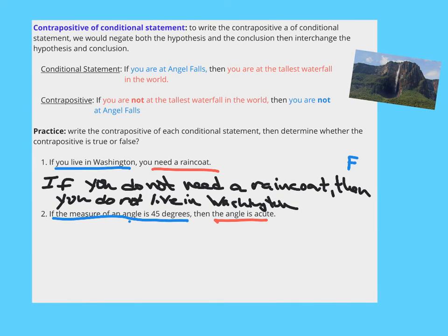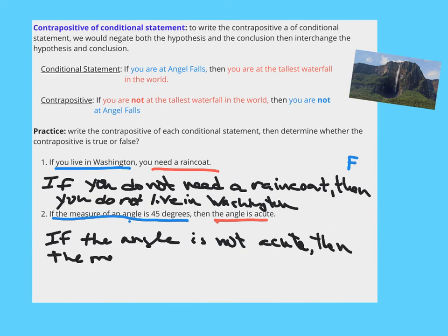So we can say, if the angle is not acute, then the measure of the angle is not 45 degrees.